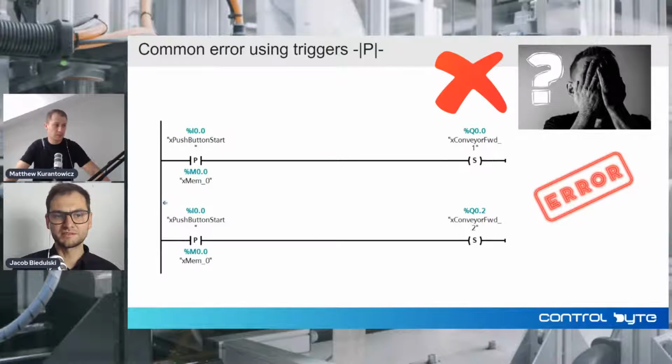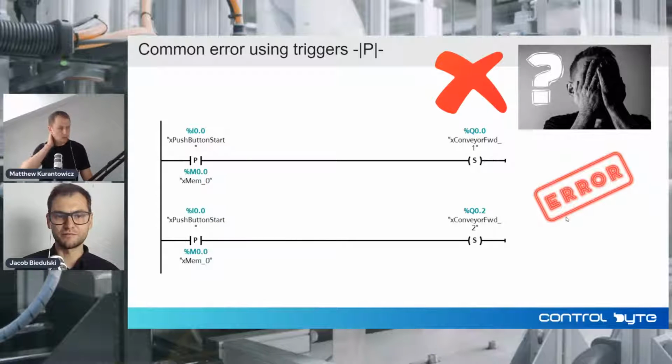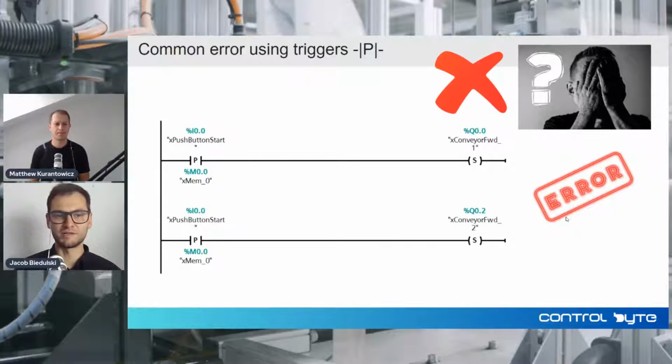Yeah, that our students commit in their homework, because they copy and paste, for example, positive trigger for start button several times in the code, and they say, oh, my piece of code regarding, for example, the second conveyor doesn't work, why the triggers don't work.